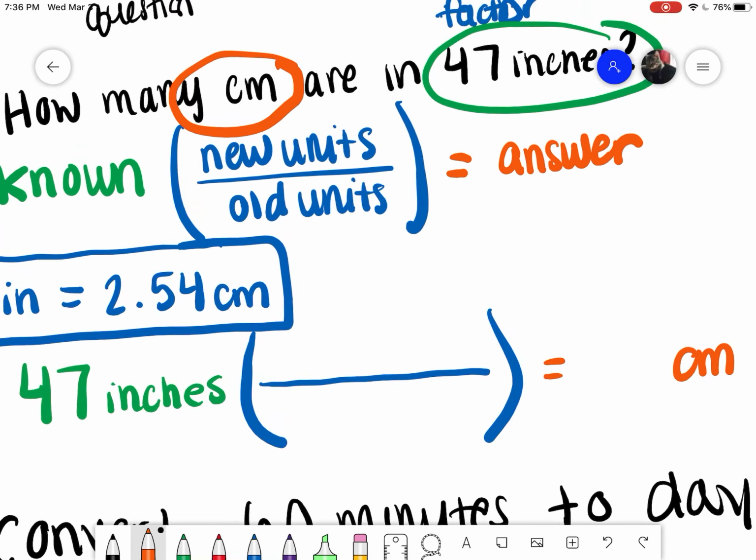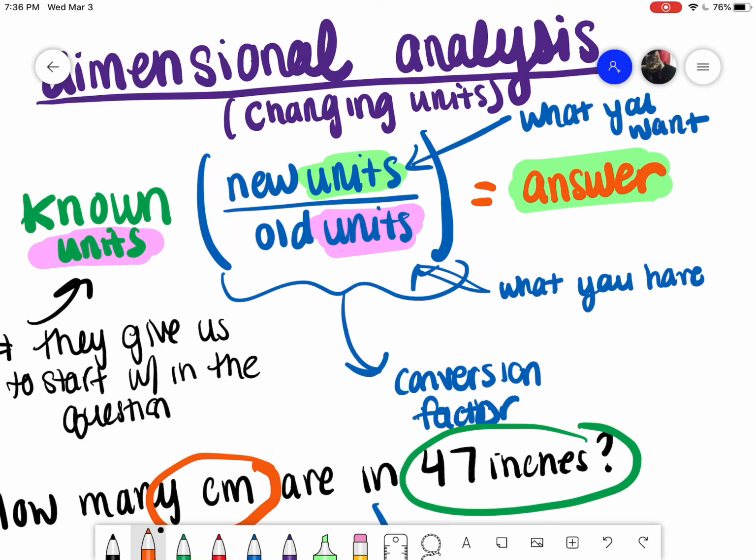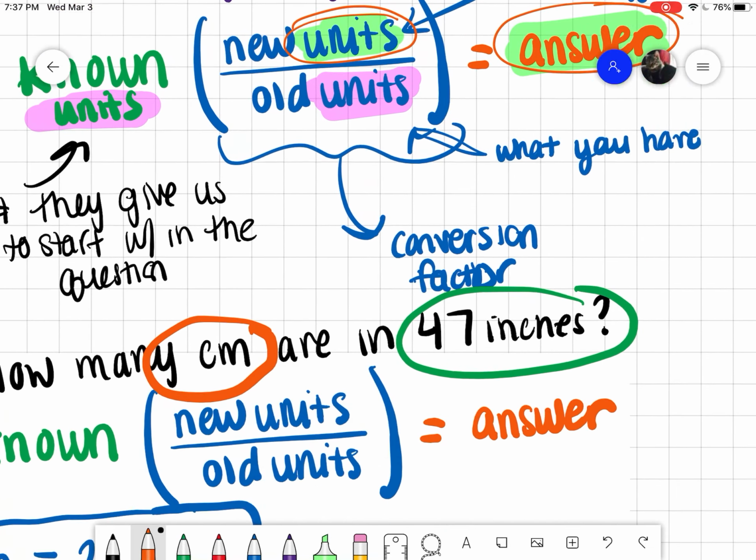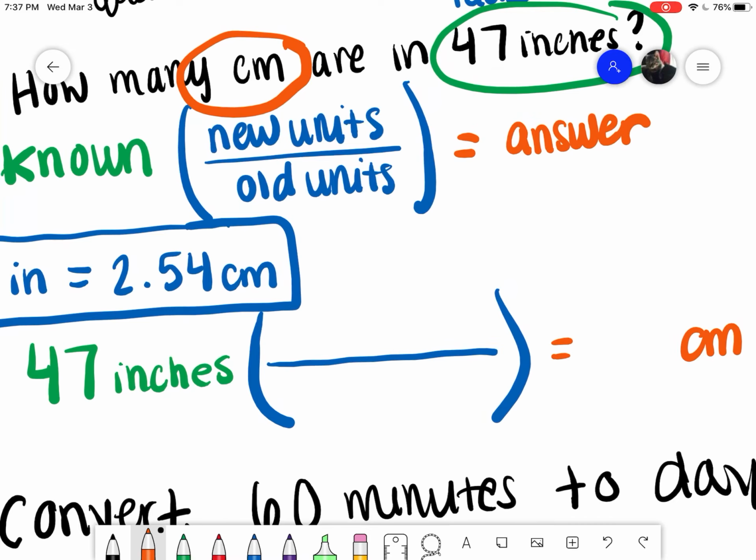In the equation above, we said that our new units have to match the units of our answer. So what's up top is what we want. Since we want centimeters, we want to figure out how many centimeters 47 inches equals, so we're going to put the centimeters up top.